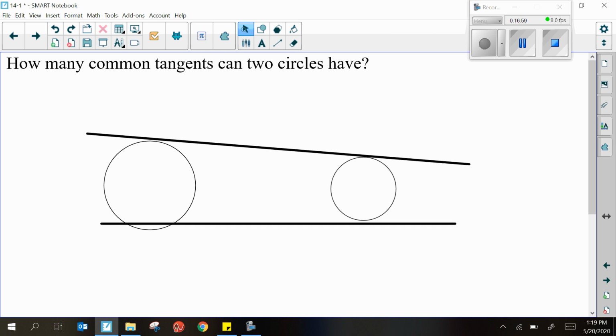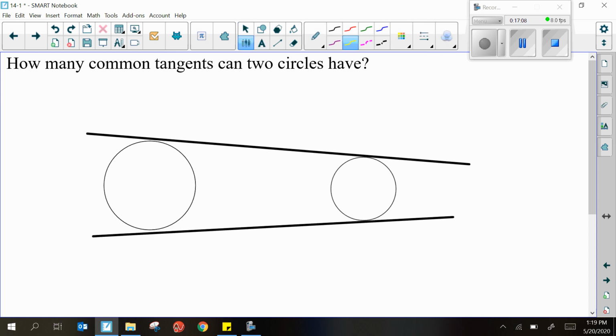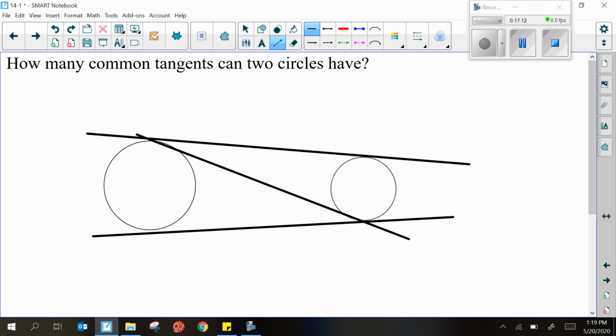It's a little tricky doing this not on the board. But that looks pretty good. And then you can have 2 other ways, and that is going from this one down. That one's not the best, but you can see what I'm trying to do. And then here's the other one. So 4 ways you can draw tangents in common with the 2 circles.